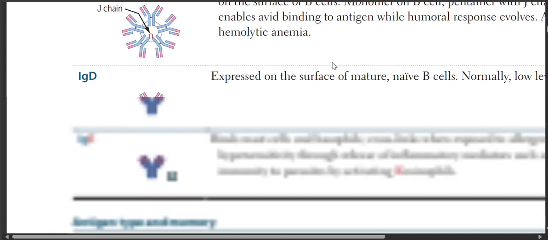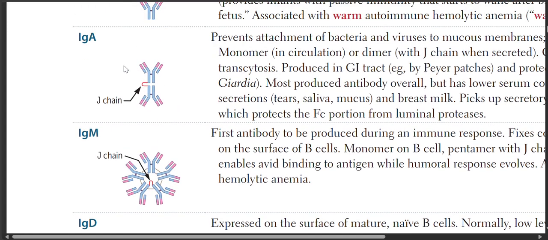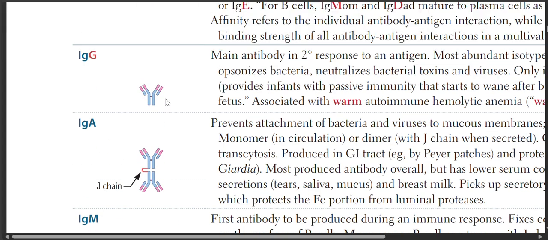But let's take an example of an IgM. See how many sites it can bind. So many. So IgM will have a much higher avidity compared to, let's say, an IgA, which has four, or an IgG, which only has two.